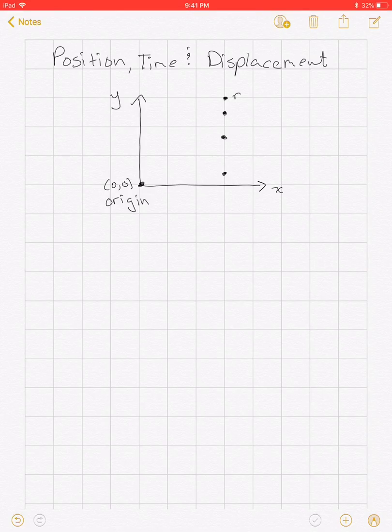The initial position here, I'm going to call R0, and this goes up to here, and this is a vector called R0. So this is the position, and this is the position vector. This is a vector, and this is just a position.